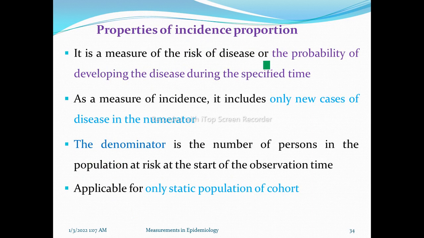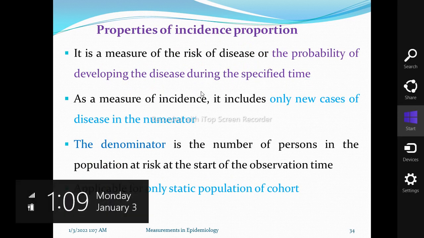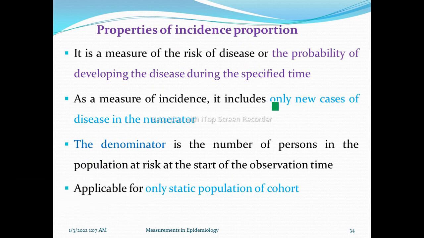Properties of incidence proportion. It is a measure of risk of disease, or the probability of developing the disease during a specified period of time. As a measure of incidence, it includes only new cases of disease in the numerator. The denominator is the number of persons in the population at risk at the start of the observation time. It is applicable only for a static population or cohort, a stable population, while incidence density is for a dynamic population.